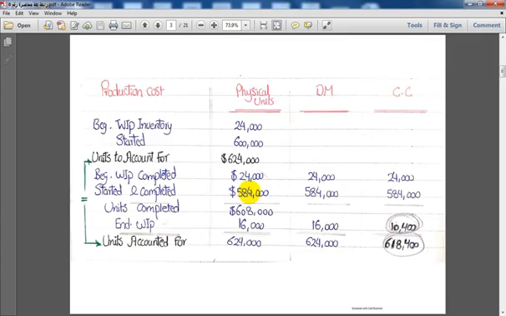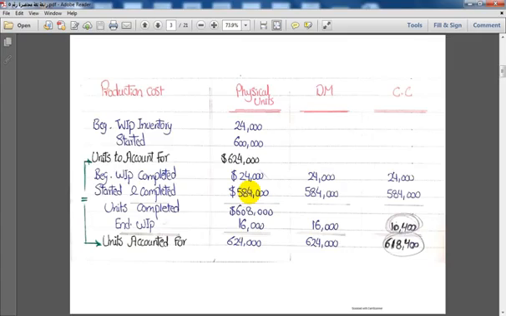This means ending work in process has all the direct material, meaning the ending work in process benefited from the direct material. So we have 16,000 times 100% equal 16,000.